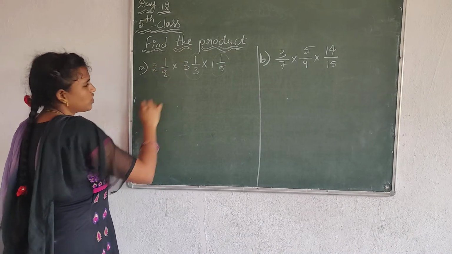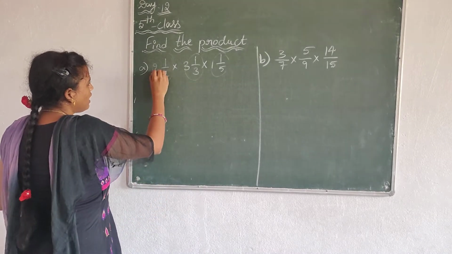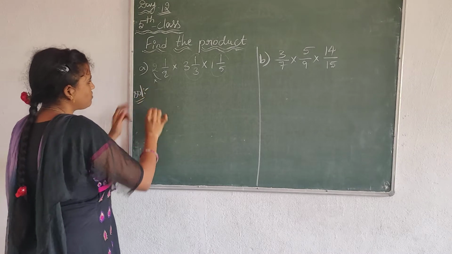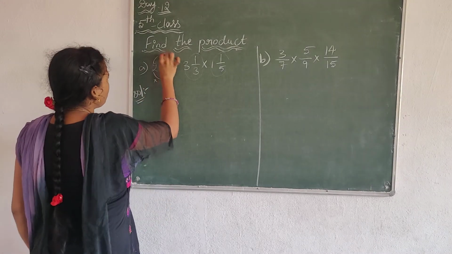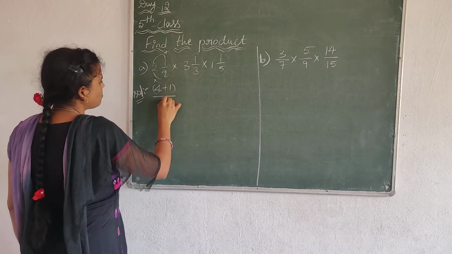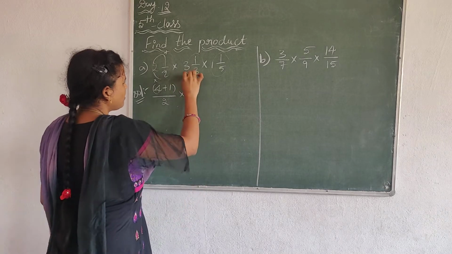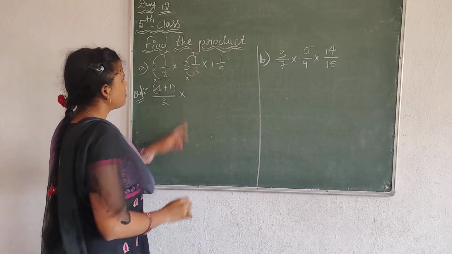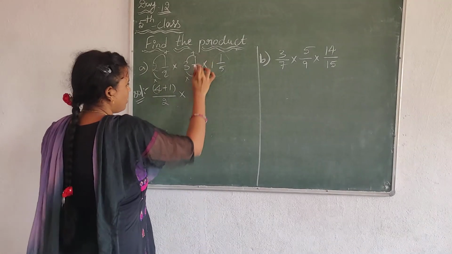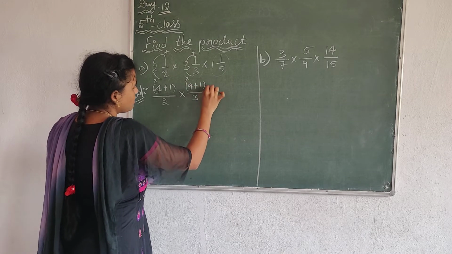Convert this mixed fraction into which fraction? Improper fraction. Let's multiply these two numbers. How much? 2 2s is 4. 4 plus 1 by 2, the denominator. Into, multiply these two numbers, plus 1. 3 3s is 9, plus 1, by 3.